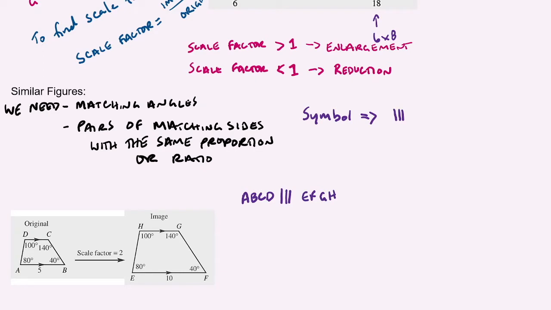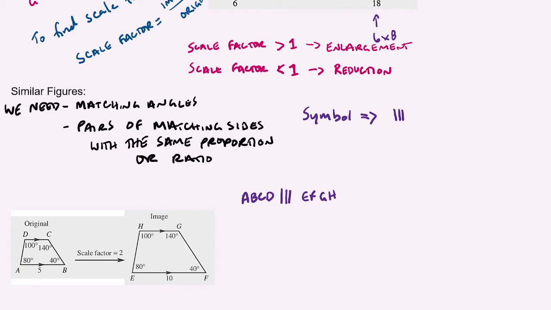We usually write our letters in matching order so that they correspond with each other. So where the A is, that's where the E should be, the B with the F, C with the G, D with the H. You can see that we've got that scale factor of 2.